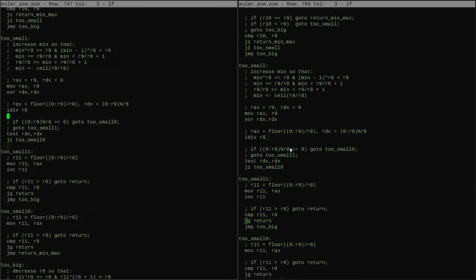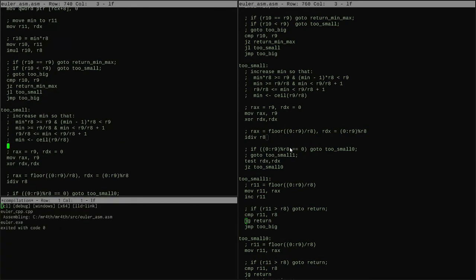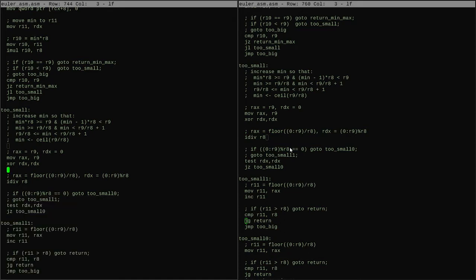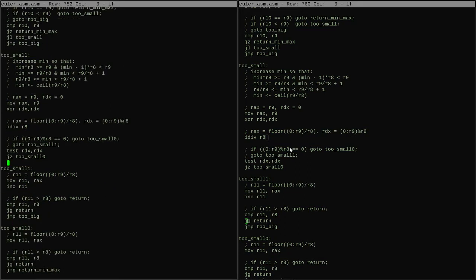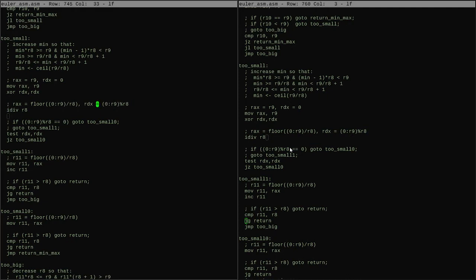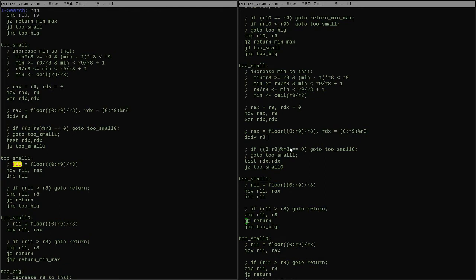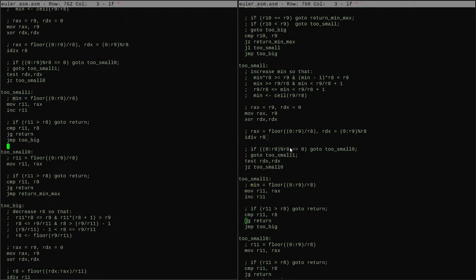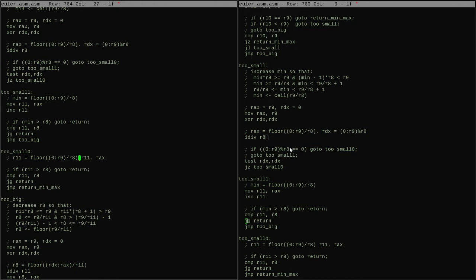It's kind of interesting that you can build a sieve or a factorization table by skipping to the square of the prime every time you discover a prime, and going from there. Let's see, R11, min R11, whoops, do.